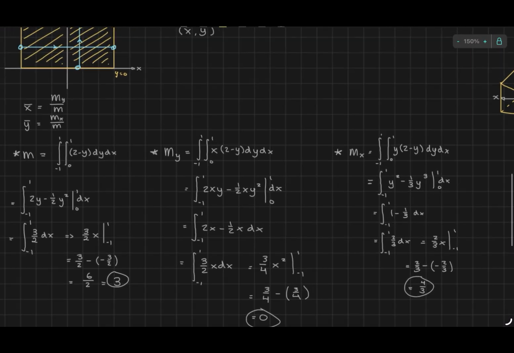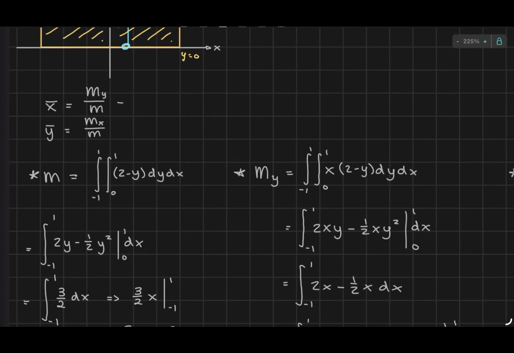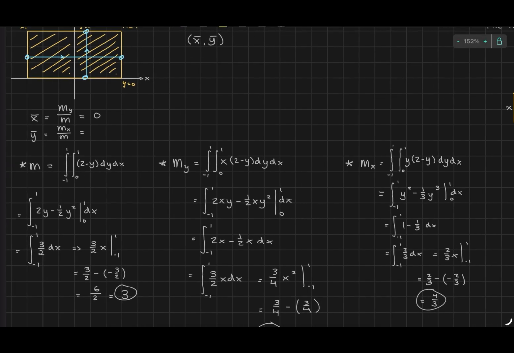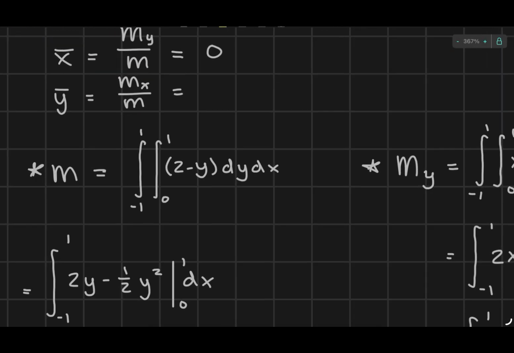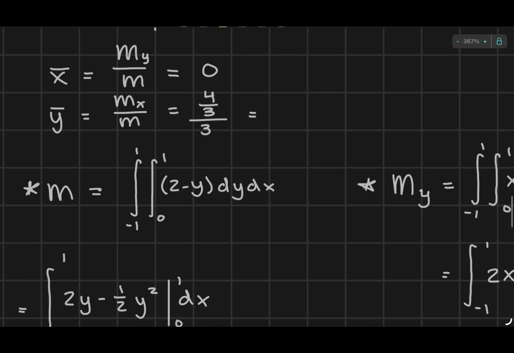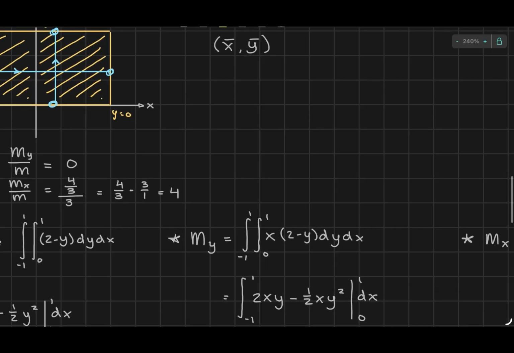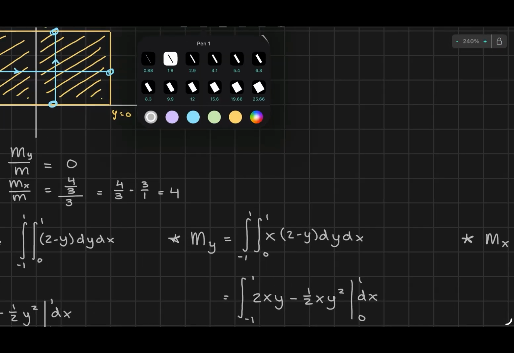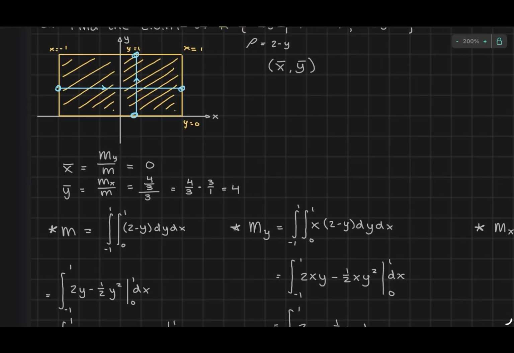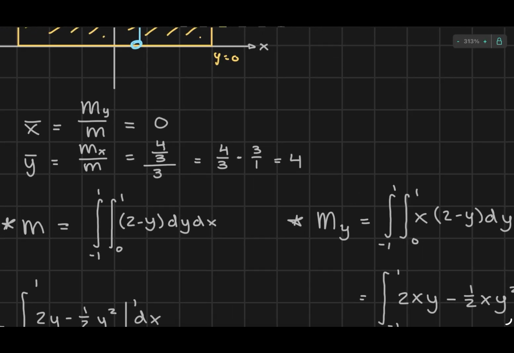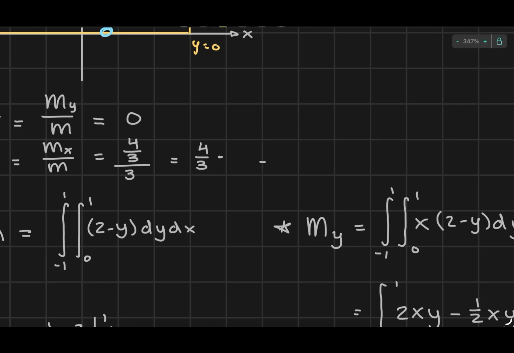Well, putting this together, we know that our x is equal to 0, and our y is going to equal 4/3 over 3. Doing some simple algebra here, 3 over 1, which is going to equal 4. Therefore, our center of mass, oh, 1 over 3, sorry.